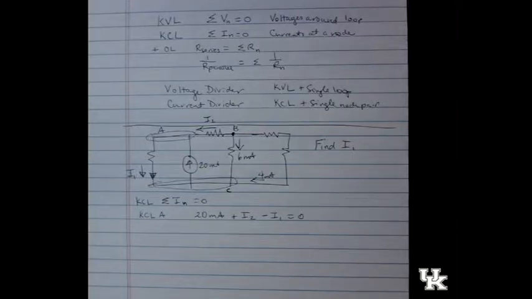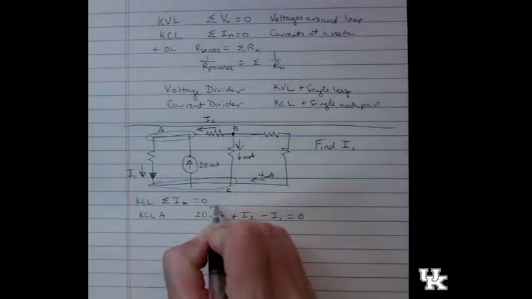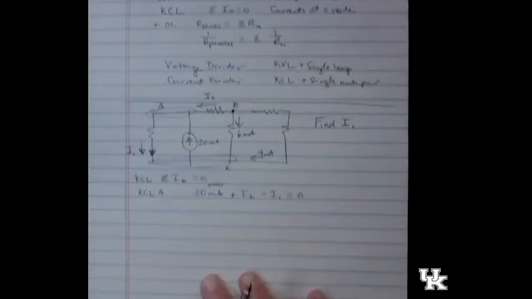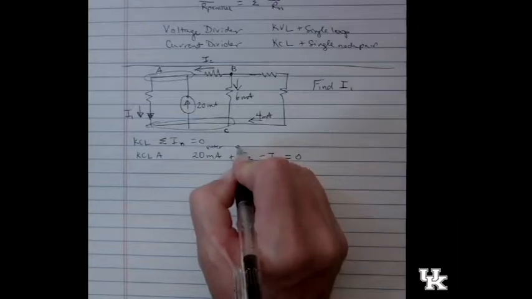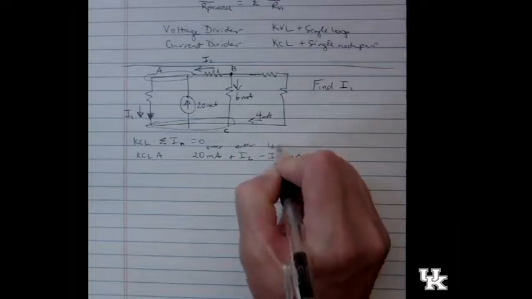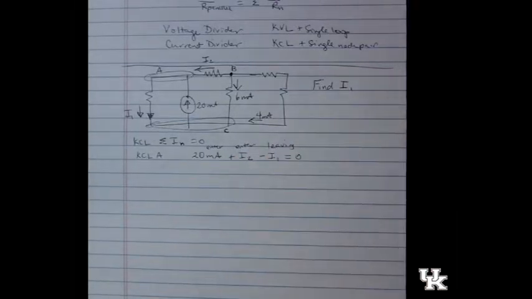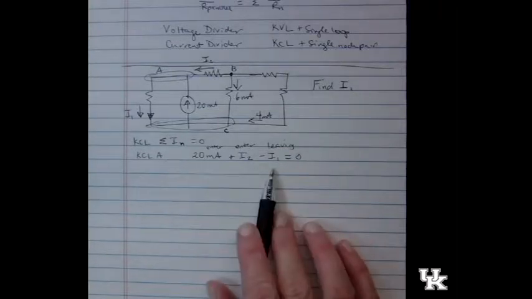What's entering has to equal what's leaving. So we subtract the leaving, and it should come out to 0. So I have entering, entering, leaving. All right, well, I have one equation with two unknowns, so I need to keep going.